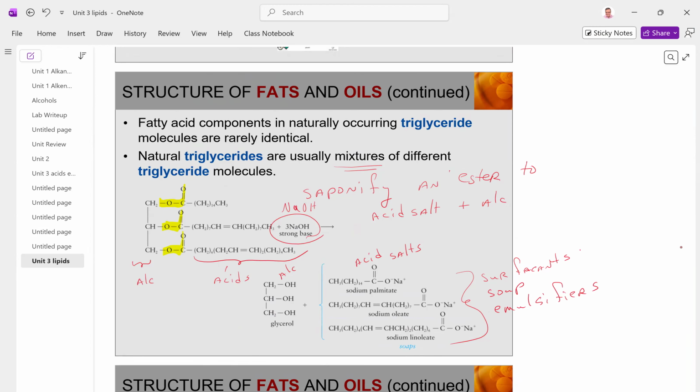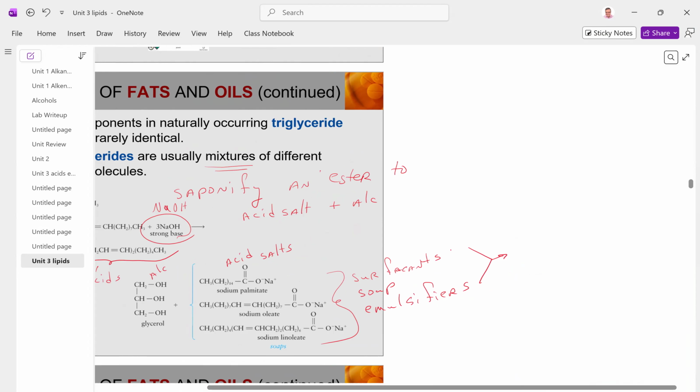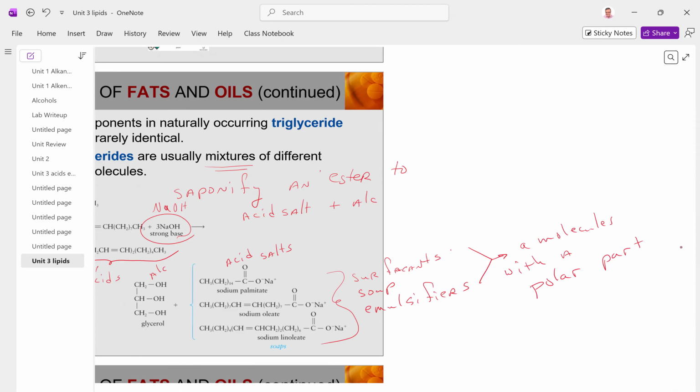Now, to be an emulsifier, surfactant, or soap requires a molecule with a polar part and a non-polar part.